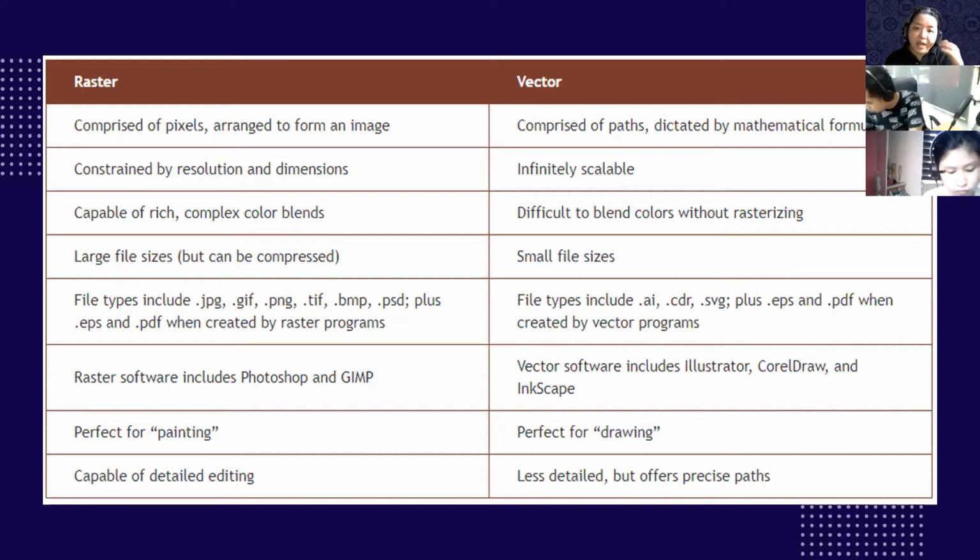Unless you have vector artwork or line art in Photoshop as well, and you saved it as EPS, basically nire-retain niya yung information for vector as well as raster. Same banana with PDF, so portable document format, right? It can also save or retain both raster and vector information.